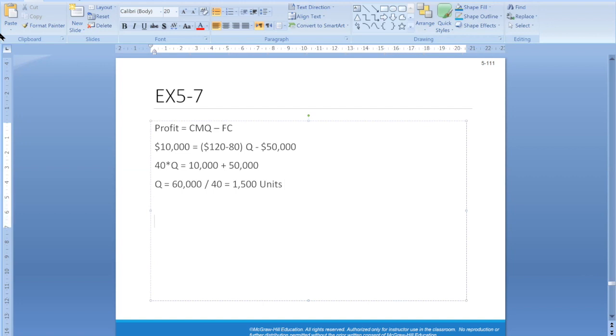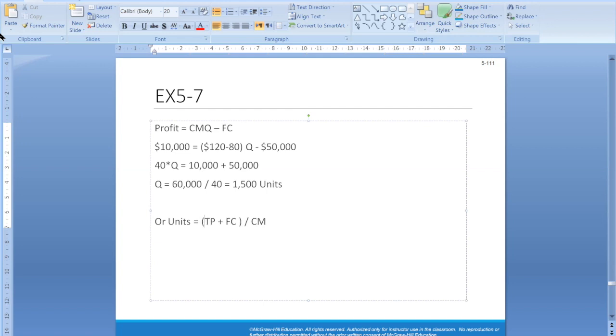In another way, we can calculate it using the formula method. Formula method means that we need units equals to target profit plus fixed expenses, all divided by the contribution margin.